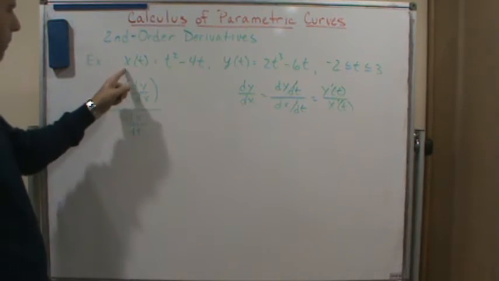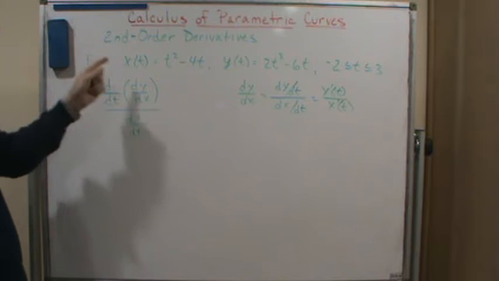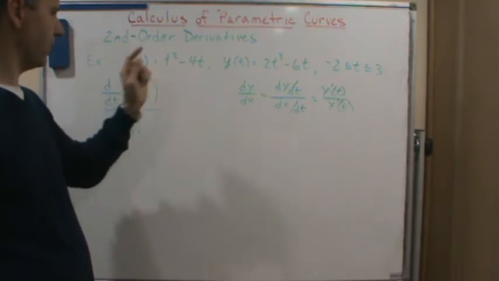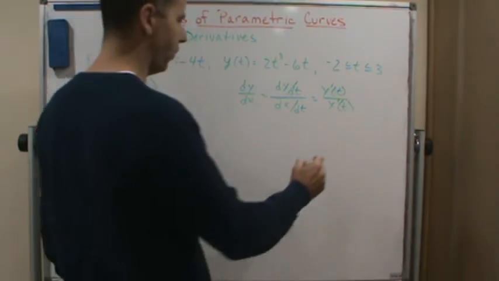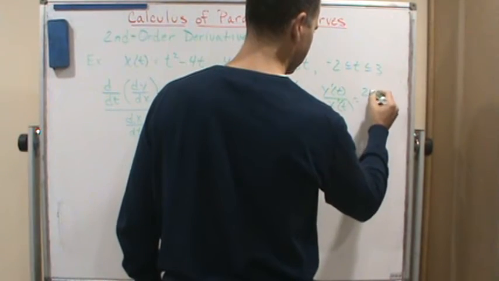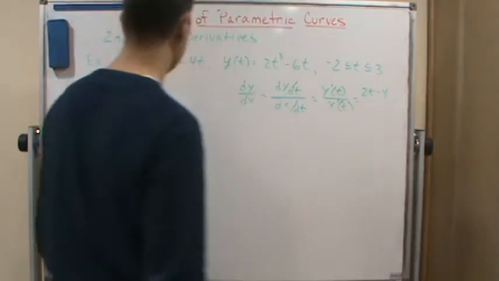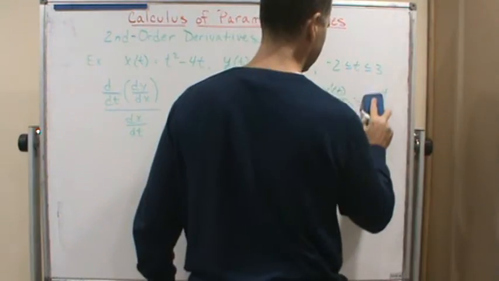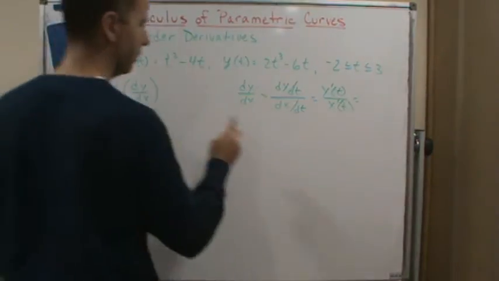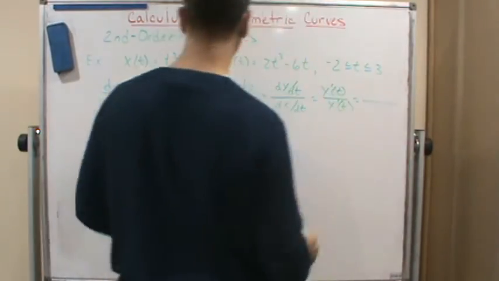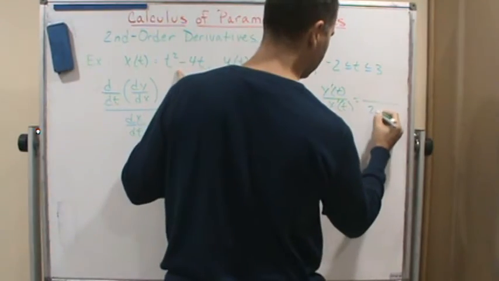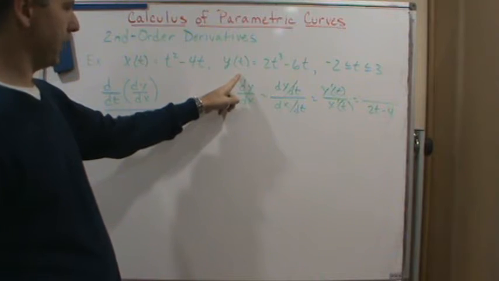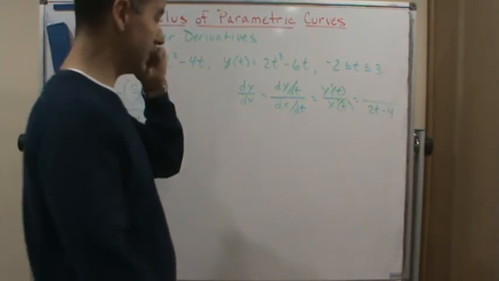So what is x prime of t? What's the derivative of x with respect to t? It's just 2t minus 4. Oops, sorry, that goes on the bottom. And then the derivative of y with respect to t is going to be 6t minus 6.